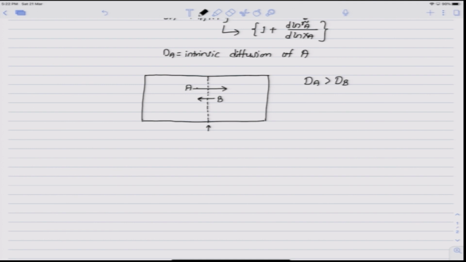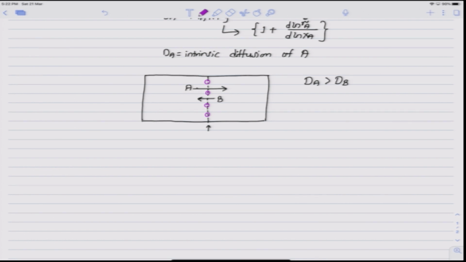Now if we can track the lattice plane which was originally at this initial contact plane by some kind of markers, the markers I am showing with these circles here, such that the markers stick to that lattice plane and move with the lattice plane if the lattice plane moves.